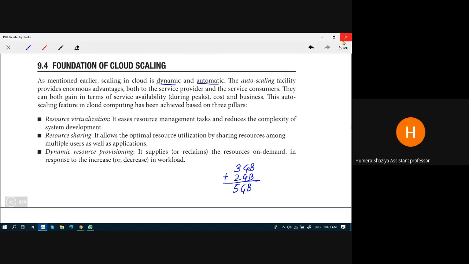Actually, it was allotted 3 GB. But during execution, 2 more GB of data has come up, and it has to be accommodated. In the auto scaling mechanism, the user need not specify. Based on this, the cloud will automatically increase the limit to 5 GB. So this is the auto scaling facility.